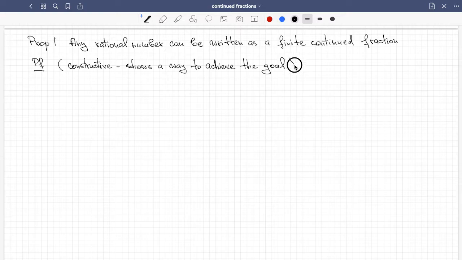The goal in this case is to produce a continued fraction out of a rational number. So we start with a rational number alpha in Q. So let alpha be a rational number.